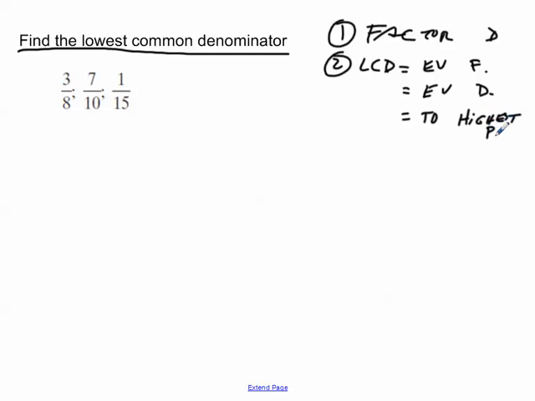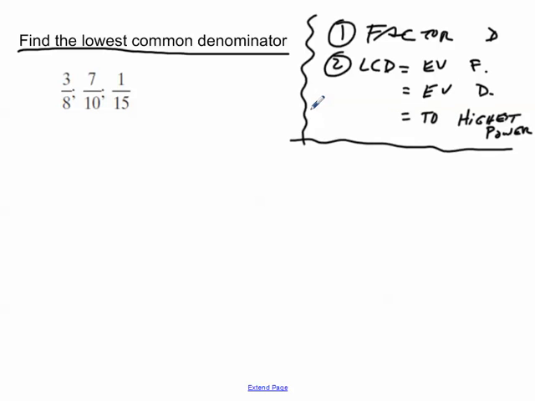So there are our instructions. These are our steps. We've got to remember, number 1, factor our denominator, and then list our lowest common denominator, every single factor from every denominator to the highest power.